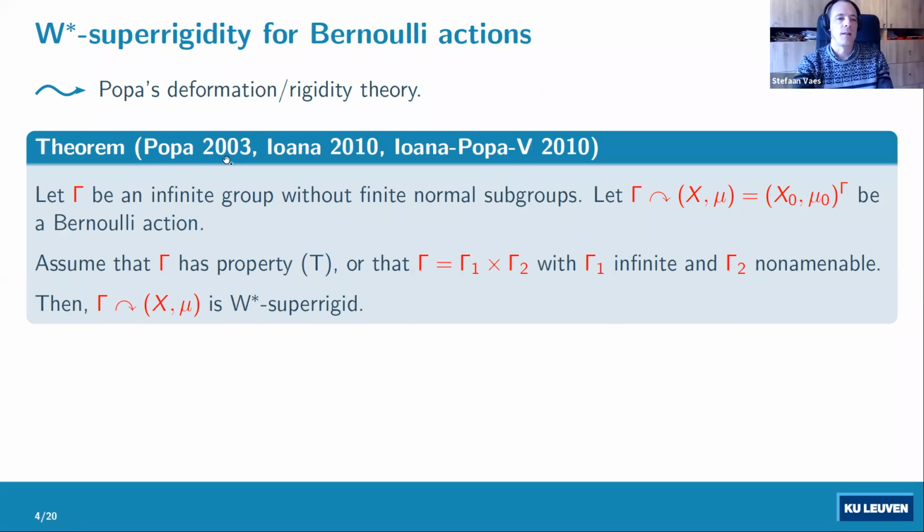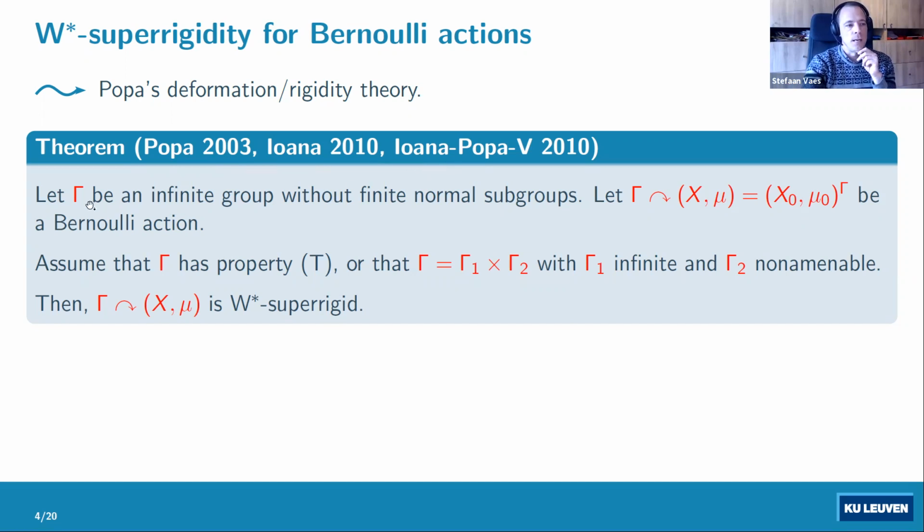But then to state or to prove really what is stated here on the slide, one has to go to what Adrian Ioana did, and then also joint work of Adrian and Sorin and myself by now more than 10 years ago. And so this is really a prototype of this superrigidity phenomenon happening for Bernoulli actions.